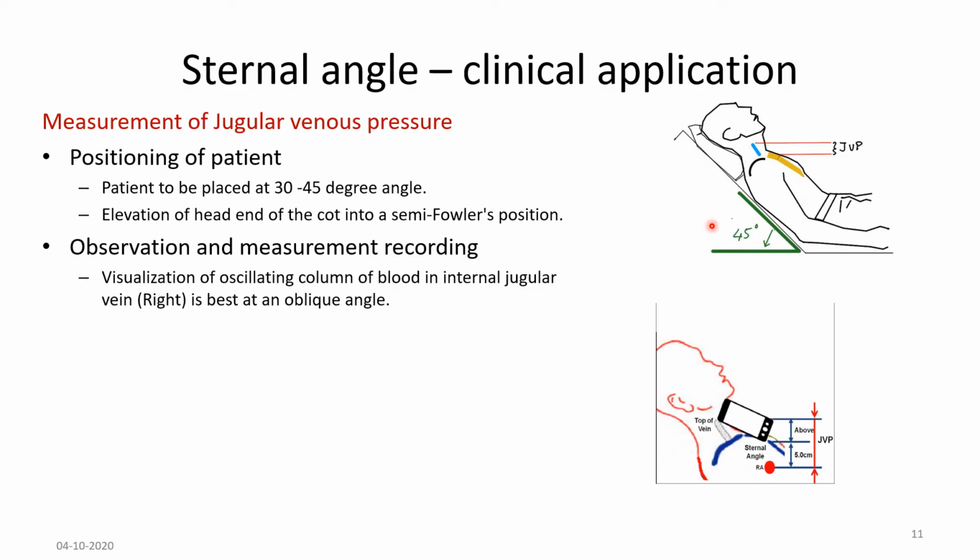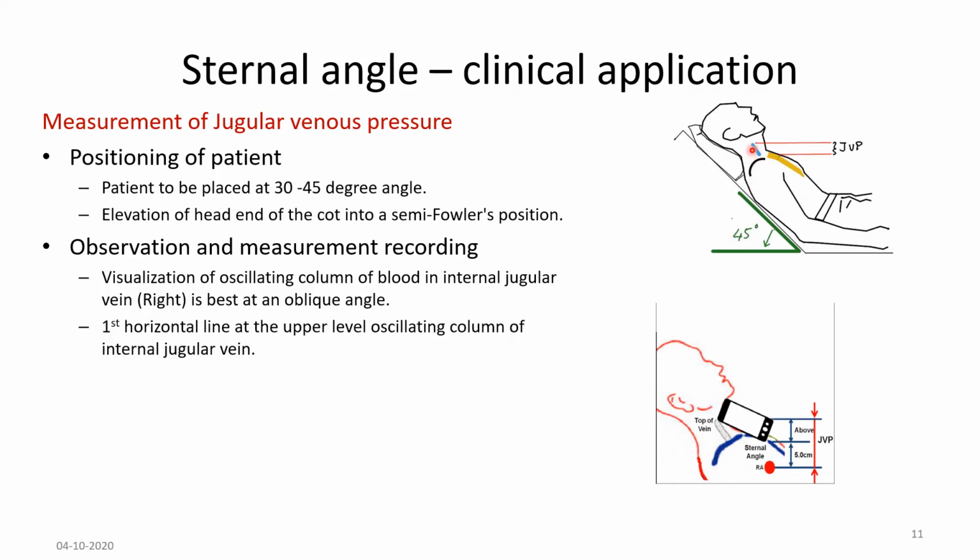Coming to the observation and measurement, the oscillating column of blood in the right internal jugular vein can be best visualized at an oblique angle.